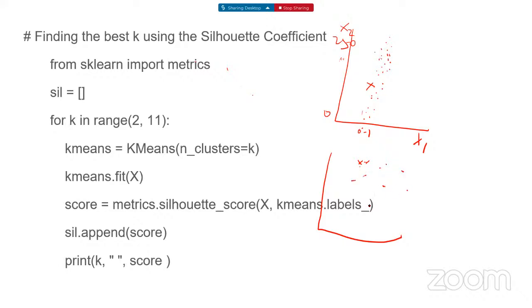Then it will be easier for you to cluster them. It used to be all squeezed together, and after you scale them, it will be more clear. So you should use scaling because it's based on Euclidean distance.